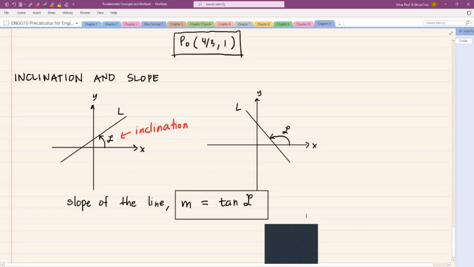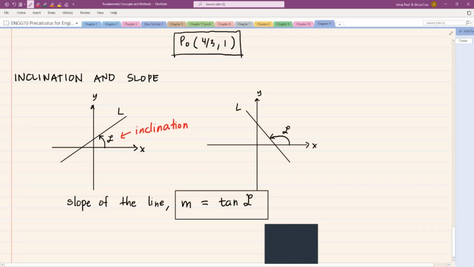When the inclination is between 0 and 90, the slope is positive, because the tangent between 0 and 90 is positive. Okay? When the inclination is between 90 and 180, the slope is negative. So upward to the right has a positive slope.